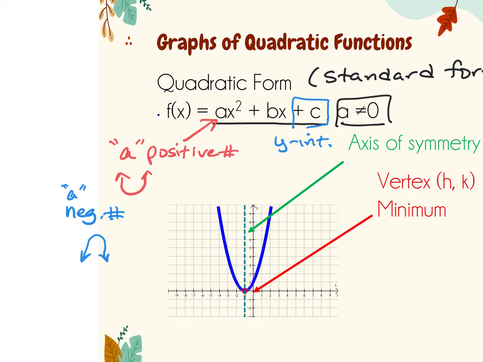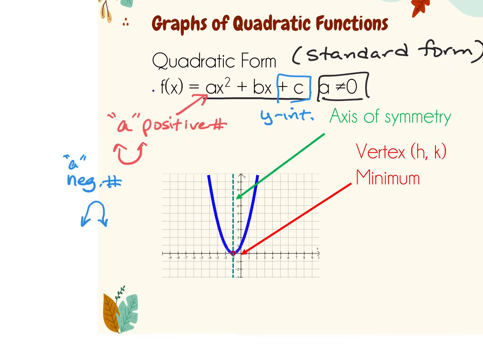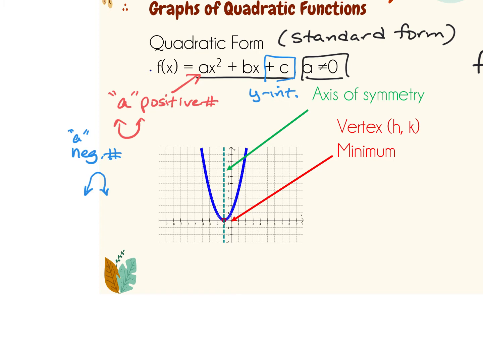Next, what we're going to do is look at the graph here. Notice, if we talk about increasing and decreasing, when my graph is falling from left to right, this side over here is the decreasing side of my graph.